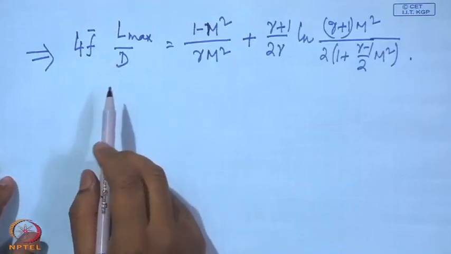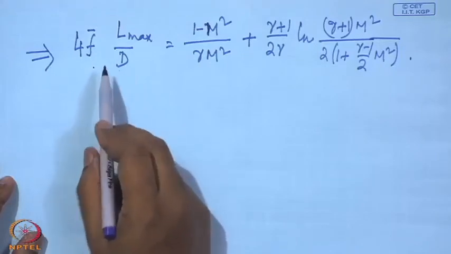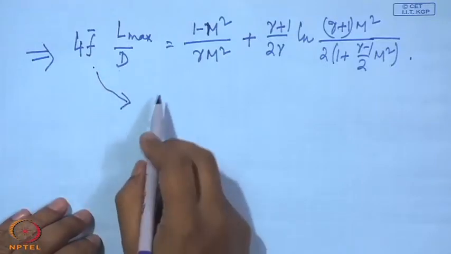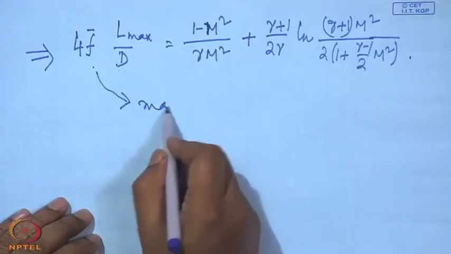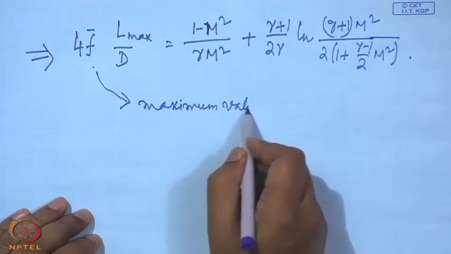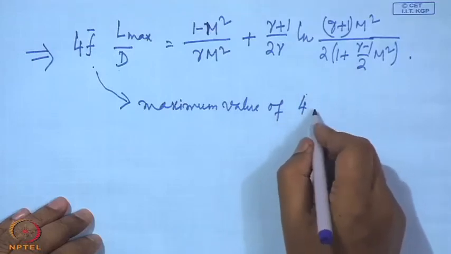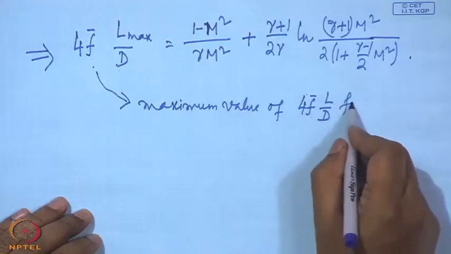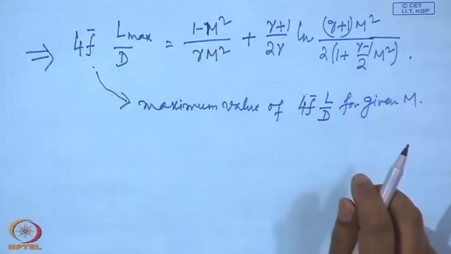And this can also be written sometimes in this form, that is the maximum value of f bar L by D for given M.